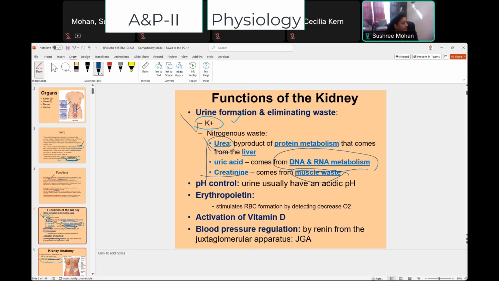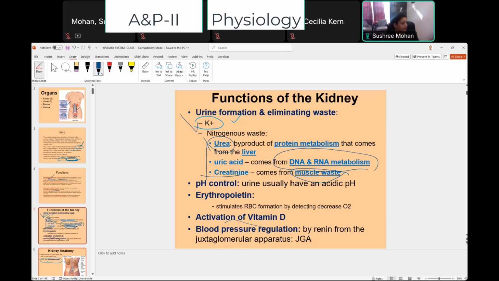pH control. Urine usually has an acidic pH. Then erythropoietin. The kidney secretes the erythropoietin hormone, and I think you have already read about it, and it helps in stimulating RBC formation. Then activation of vitamin D. We get our source of vitamin D from the sunlight, it's called the sunshine hormone, or we get it through the diet.